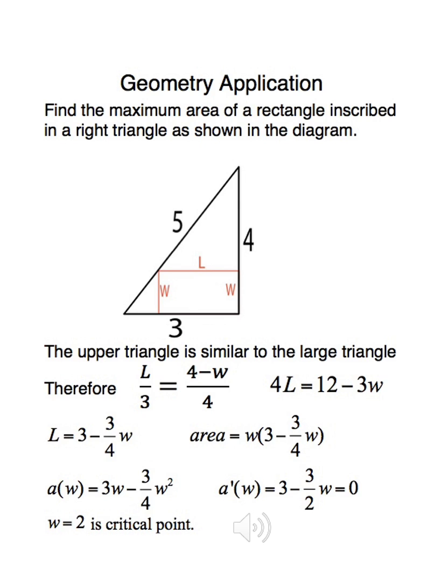Then we solve for L by dividing by 4, so L equals 3 minus 3/4 W. Now the area formula is W times length, but for length we can substitute in 3 minus 3/4 W. Using the distributive property, multiplying W times what's in parentheses, we have our area function in terms of W: A(W) equals 3W minus 3/4 W squared.